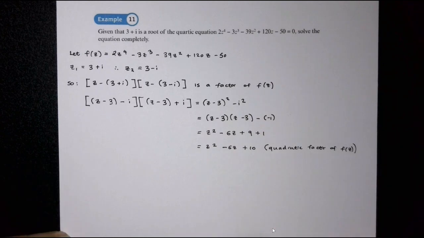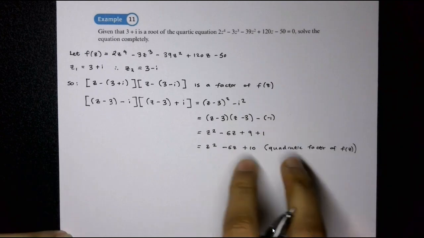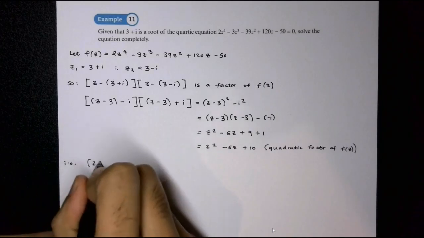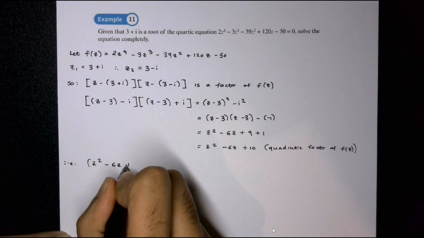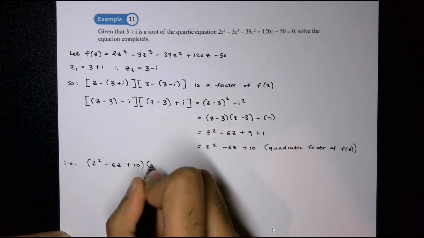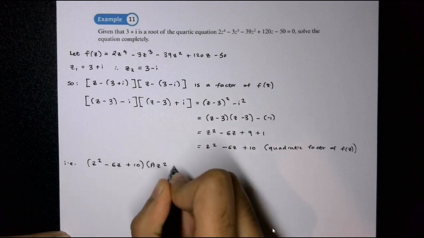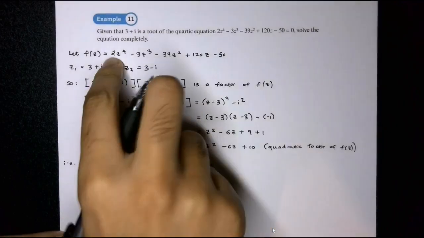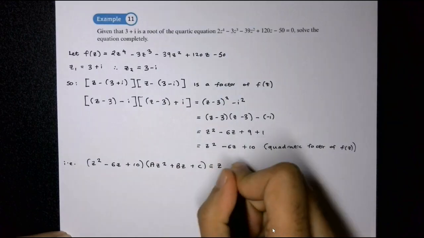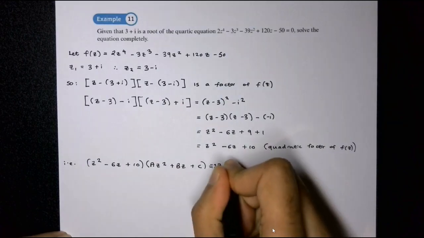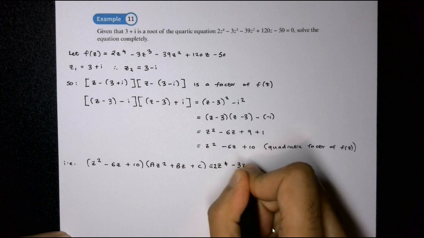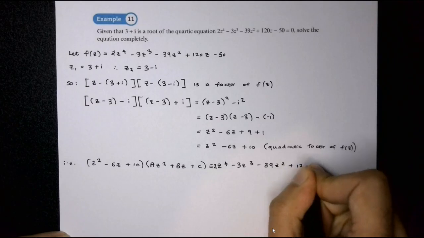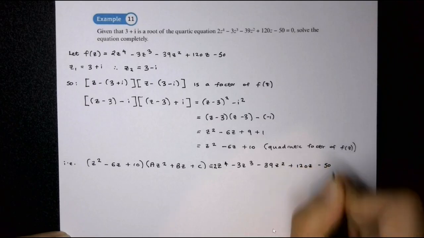With this we can form another quadratic factor, recognizing that z squared minus 6z plus 10 multiplied by az squared plus bz plus c gives this quartic polynomial, 2z to the 4 minus 3z cubed minus 39z squared plus 120z minus 50.